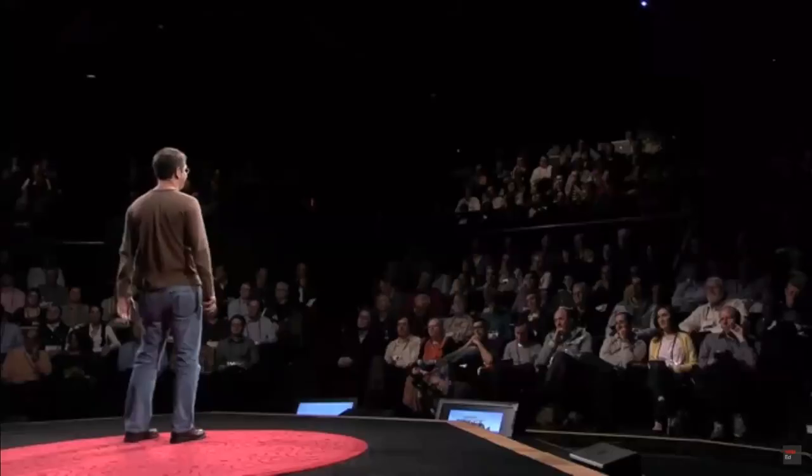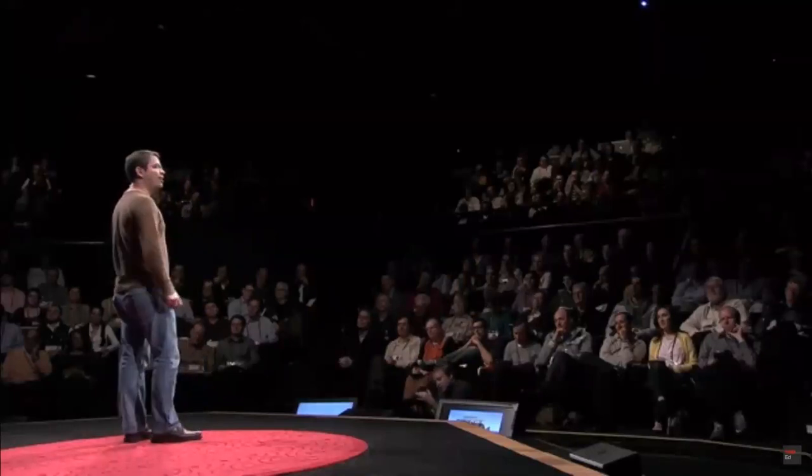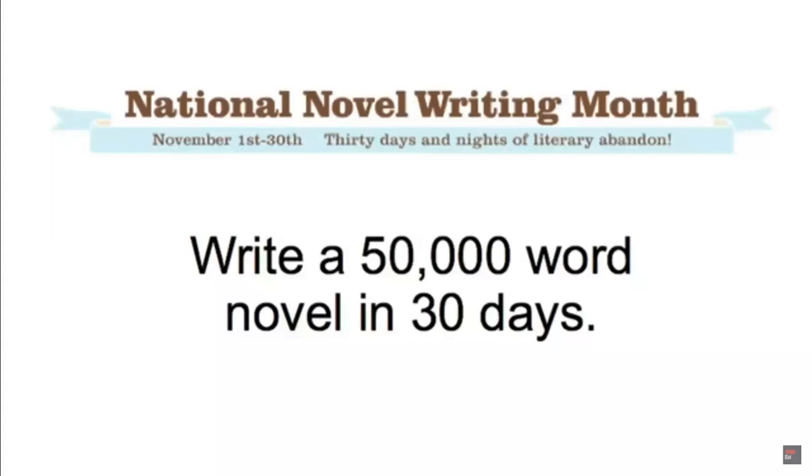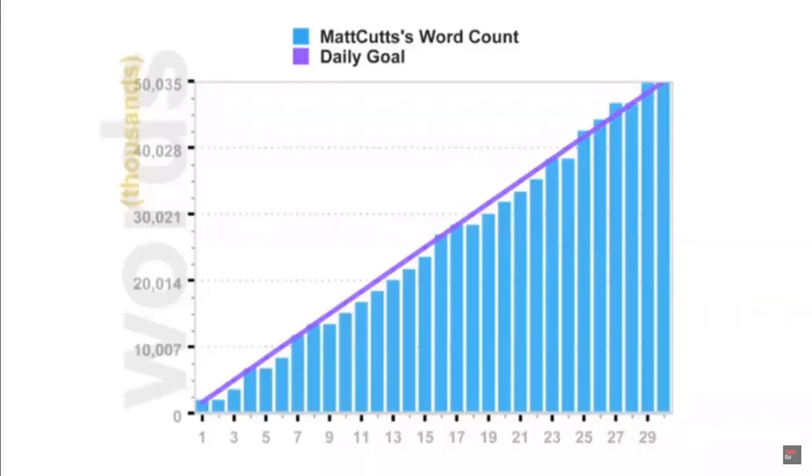I also figured out that if you really want something badly enough, you can do anything for 30 days. Have you ever wanted to write a novel? Every November, tens of thousands of people try to write their own 50,000-word novel from scratch in 30 days. It turns out, all you have to do is write 1,667 words a day for a month. So I did.